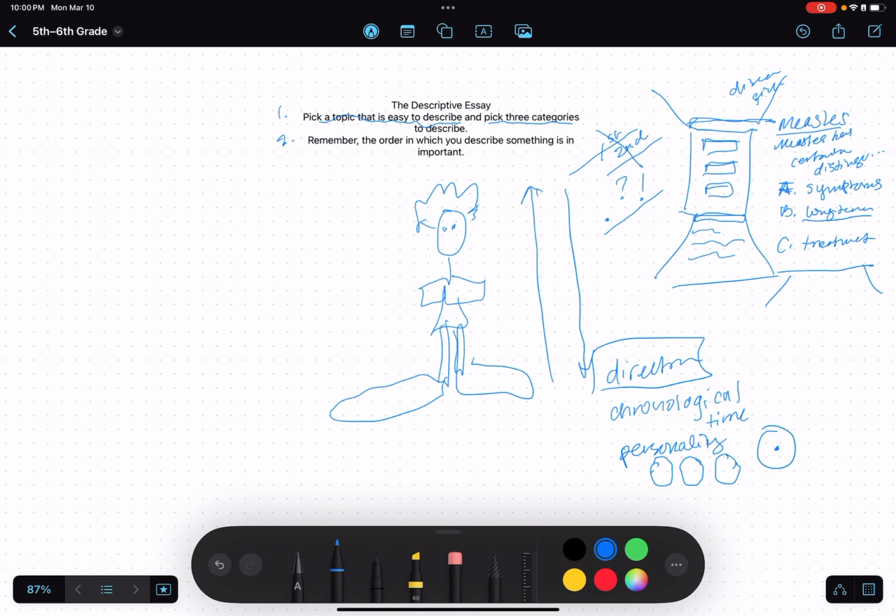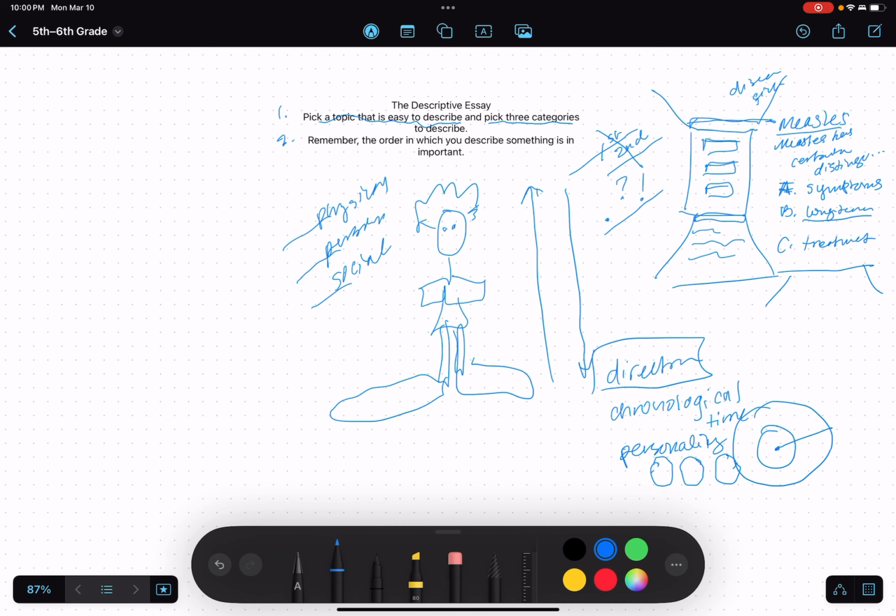So your description would go from the inside out. Again, if you're describing a person, maybe you describe their physical appearance, and then you describe their personality, and then maybe you describe their social standing, what they do, how they do in society, how they work, what their status is.